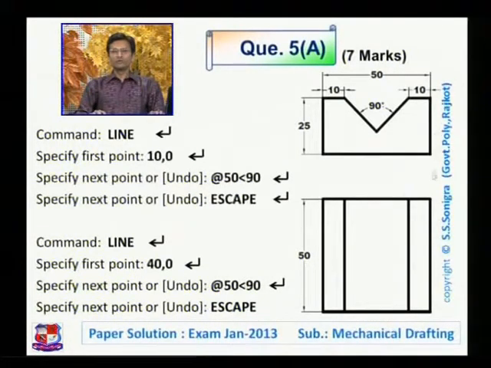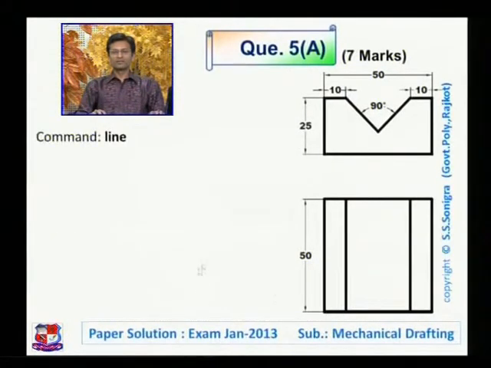Now what should we do to draw this component? So for that, let me start with the same command, line command, and we assume that we start from this point. So to start the line command, first we have to specify the first point. Now what should be the coordinate of this point?